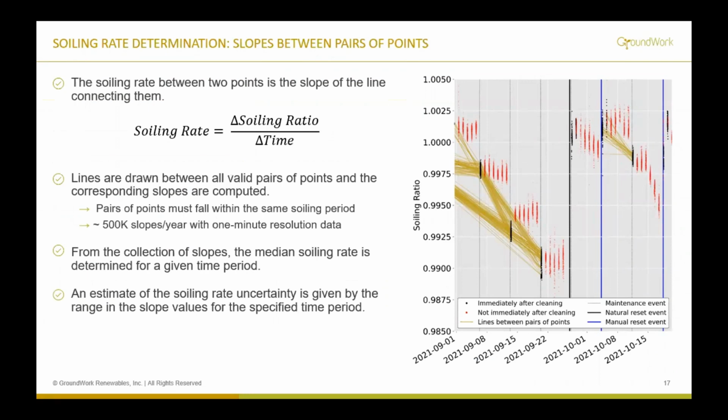And when we talk about uncertainty, this is in the paper, we're talking about the spread in the soiling rates over the course of that time period. So we report the median, and then the uncertainty is the distance between the low 5% value, or the P5, and then the P95 on the high end.